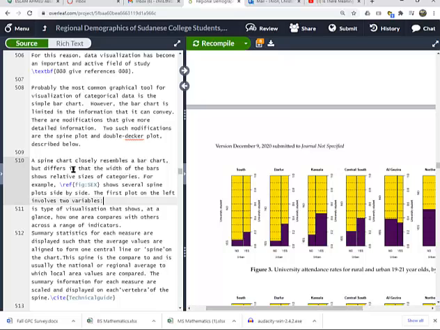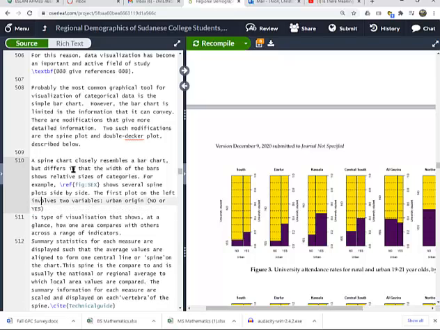Urban origin, and then it's going to be no or yes. It involves 2 variables, each with 2 categories: urban origin, no or yes.